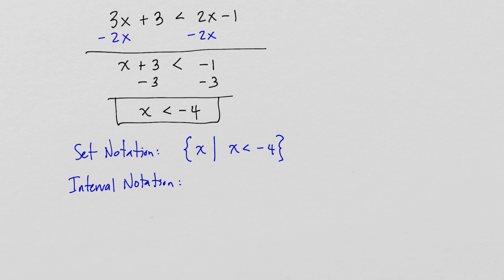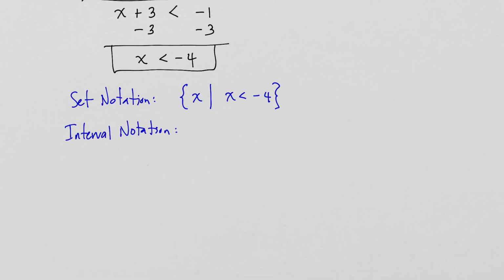And to understand interval notation, it is important to first draw a graph of what this solution would look like. So x is going to be all the numbers less than negative 4. So if we have negative 4 here on the number line, we want all the numbers that are less than negative 4, and that would be all the numbers to the left of negative 4.